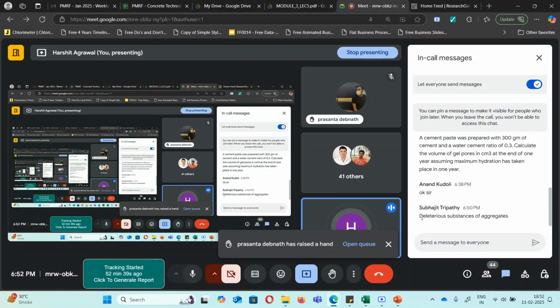We'll talk about this later when we talk about aggregate properties, and then we will talk about deleterious substances in aggregate.